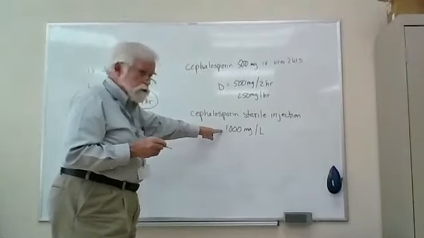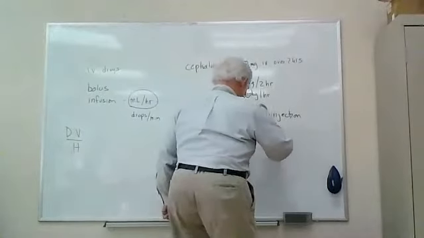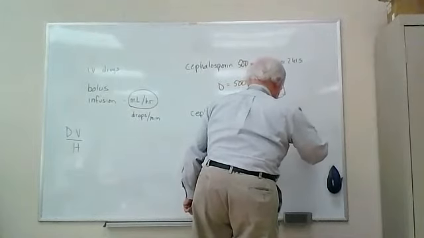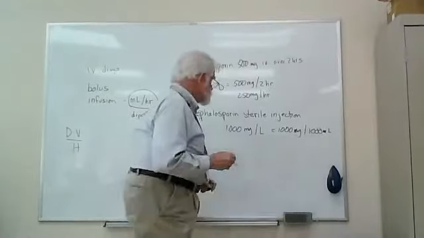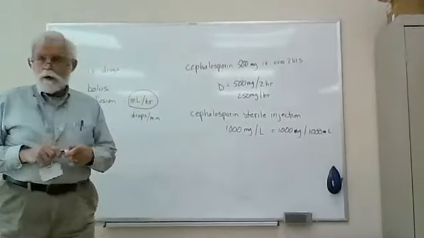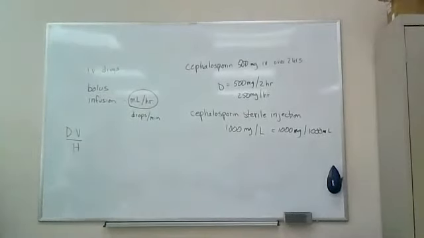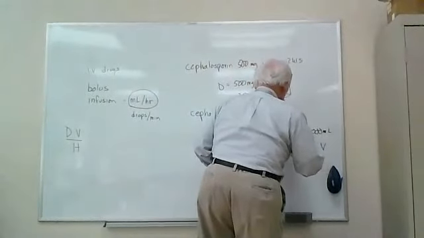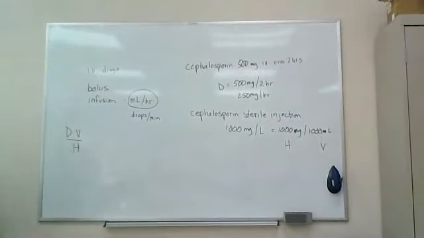So we have 1,000 milligrams in 1 liter, which is also going to be 1,000 milligrams per 1,000 milliliters, because remember, we give by milliliters per hour. Okay. So this becomes V and H.